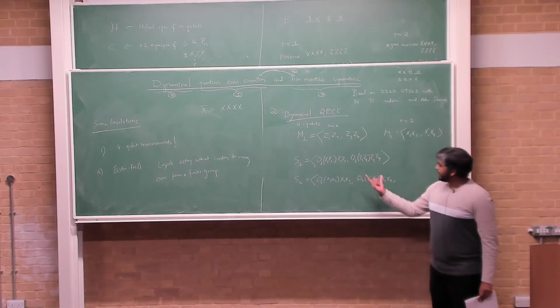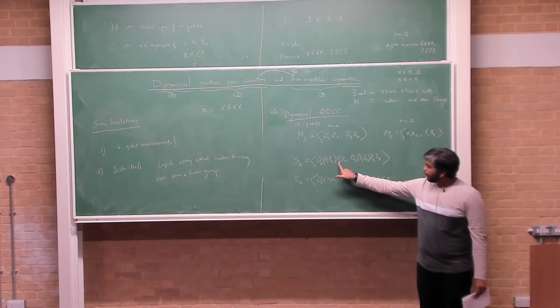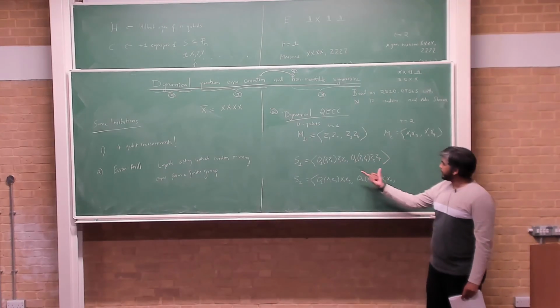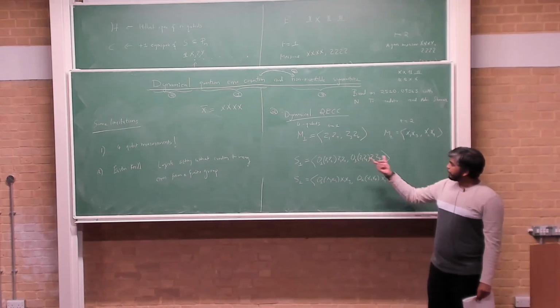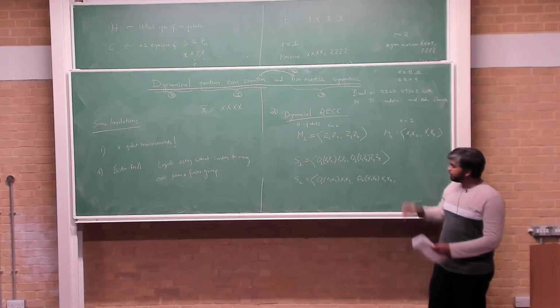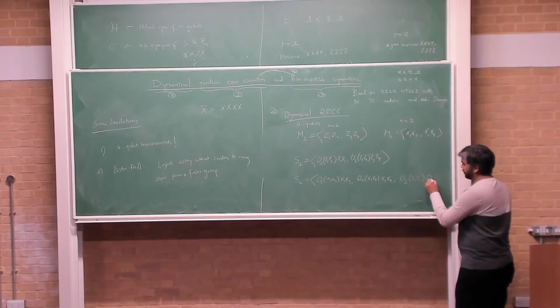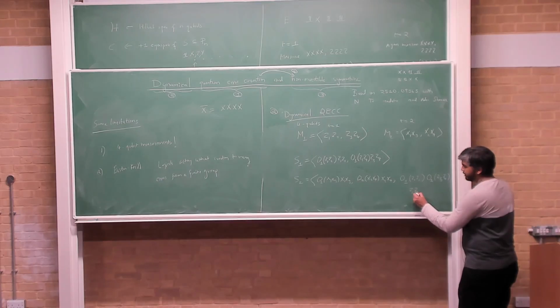But there is one more term in this group, because this operator doesn't commute with this, but the product commutes with these two. So the product still survives in the group: z1, z2, O1, z3, z4, z1, z2, z3, z4.